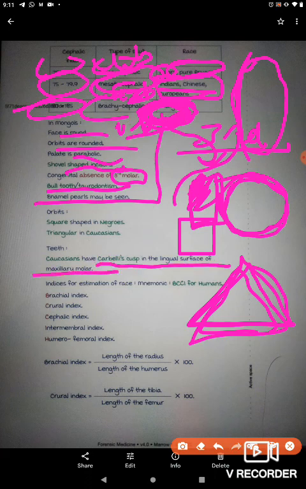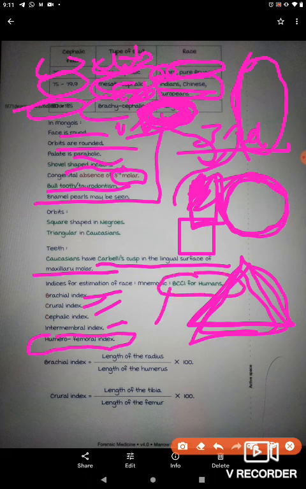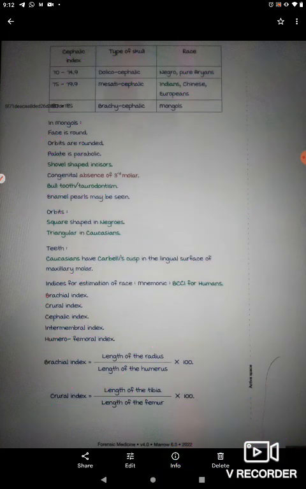Estimation of the race is by brachial index, crural index, cephalic index, intermembral index, and humerofemoral index. These are the indices for humans. Caucasians have the Carabelli's cusp on the lingual surface of the maxillary molar.